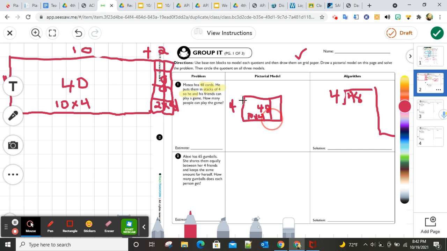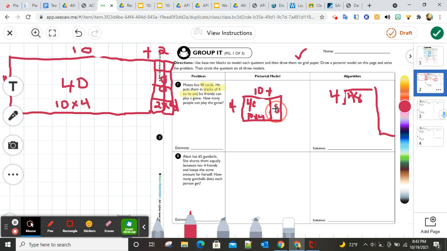So that's my first part, 40. I also write a 10 up here. I'm just going to erase this big part so that it's not so confusing.